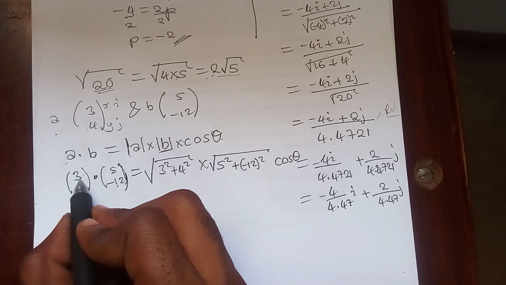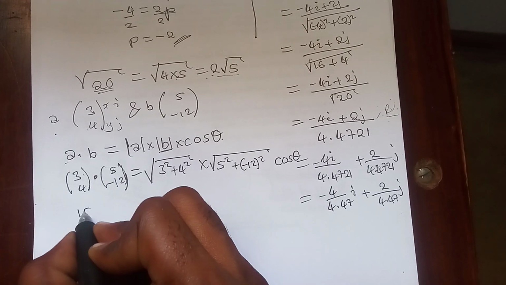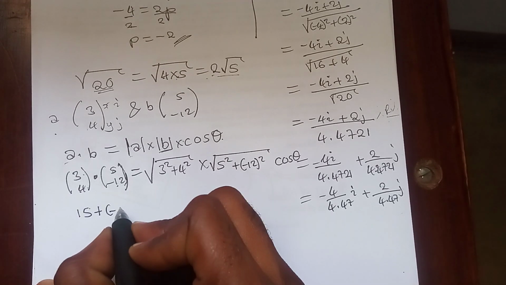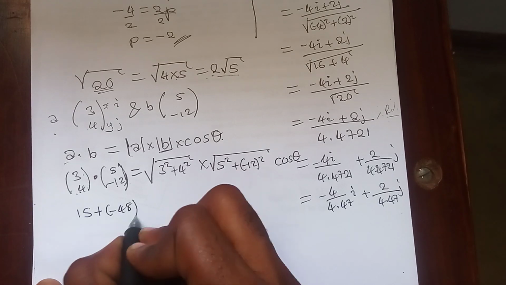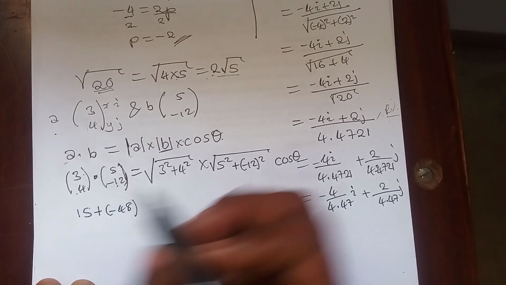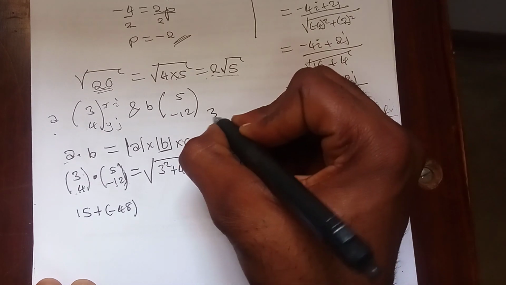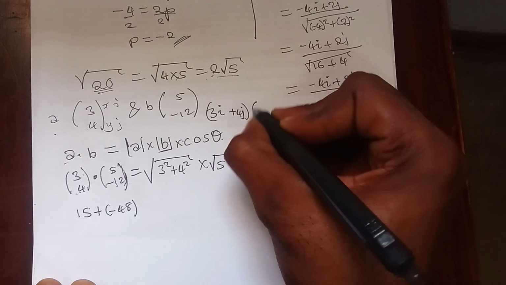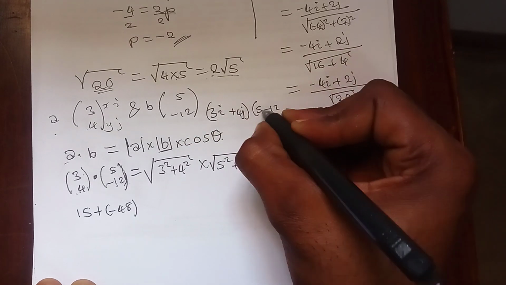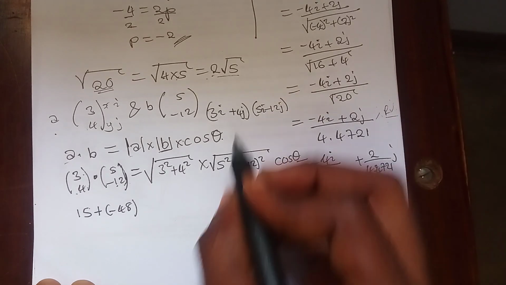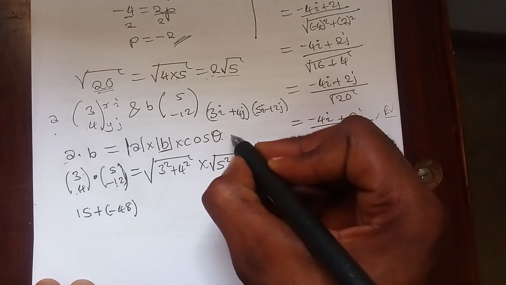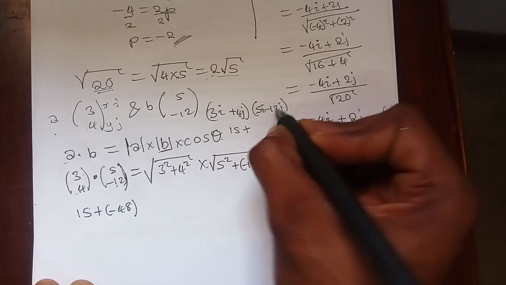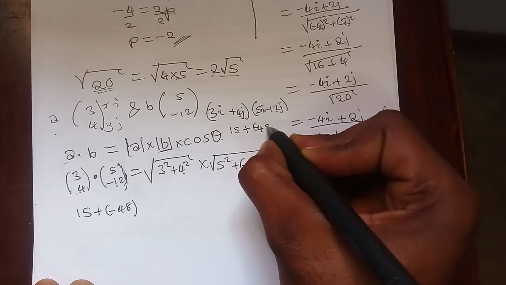These are like i's, these are like j's. So you can just say this multiplied by this, which is 15, and then plus this multiplied by this, which is minus 48. In case this is confusing you, just express it in ij component form: 3i plus 4j dot 5i minus 12j. Then this multiplied by this is 15, and then plus this multiplied by this will be negative 48.